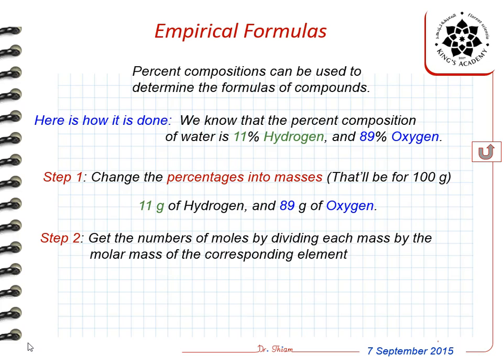How about the mass of oxygen? That's correct, 89 grams. Now all we do is divide those masses by the molar mass of each one of those two elements, namely 1 gram per mole for hydrogen and 16 grams per mole for oxygen. There we go. So we get 11 moles of hydrogen and 5.6 moles of oxygen.